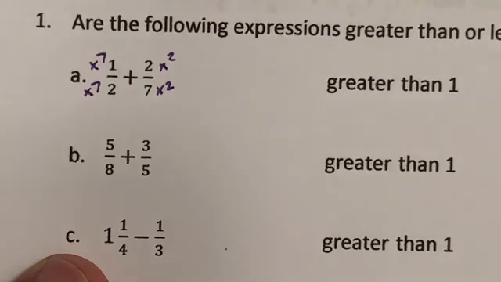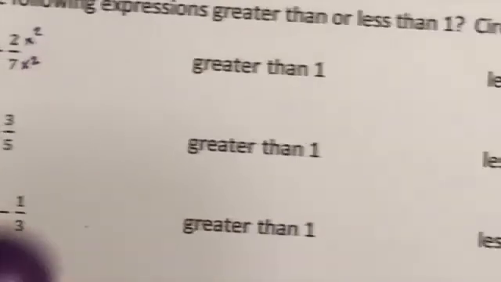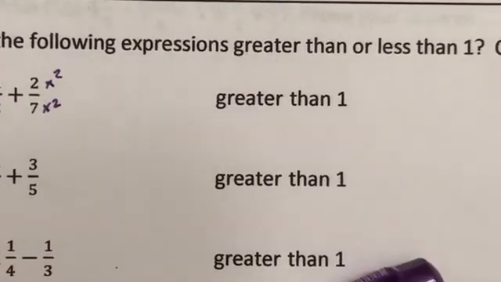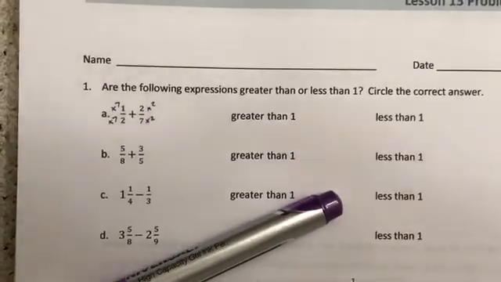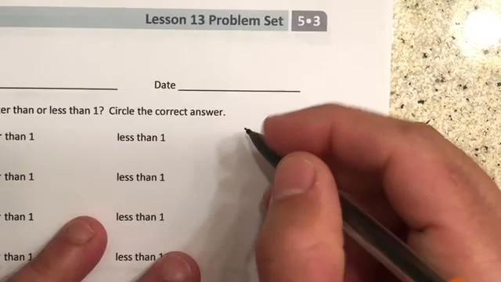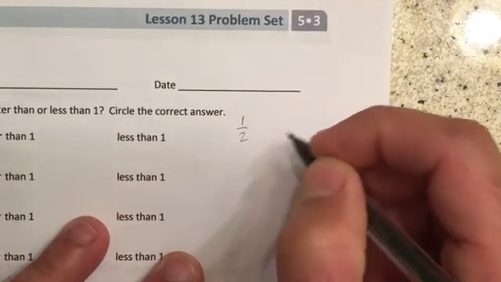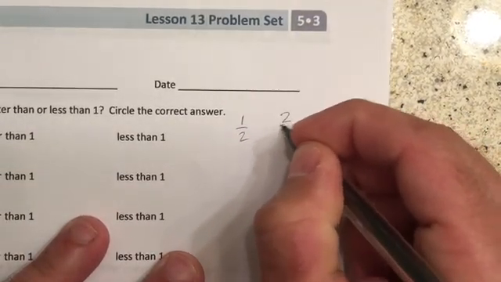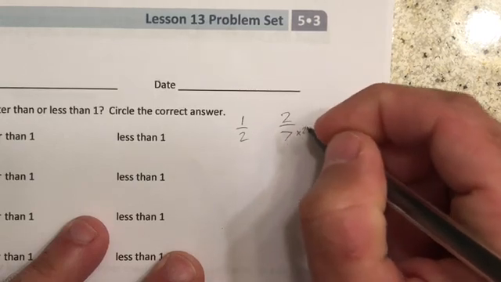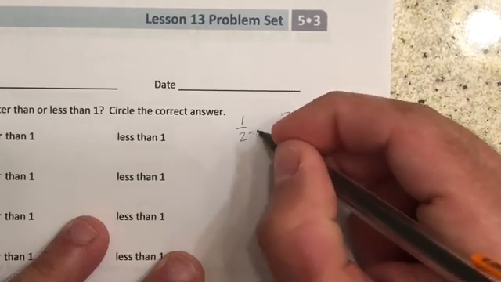And again, ladies and gentlemen, there's not a lot of room, so I'm going to zoom out again and just do it over here. So I'm going to say 1/2 and 2/7, times 2 and times 7.